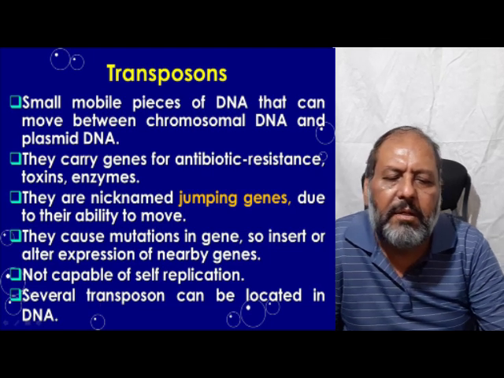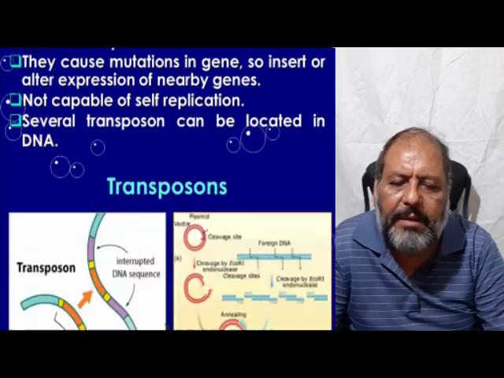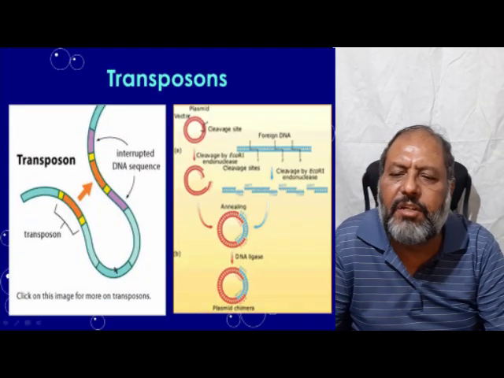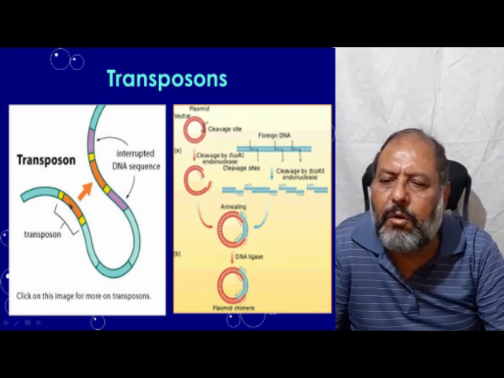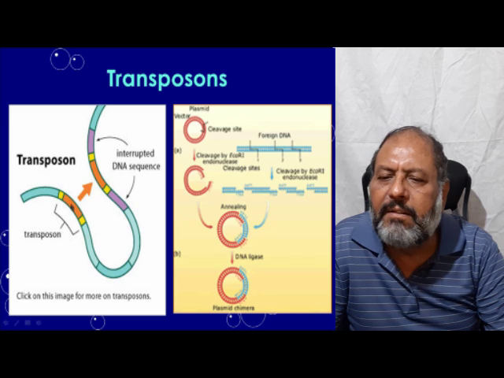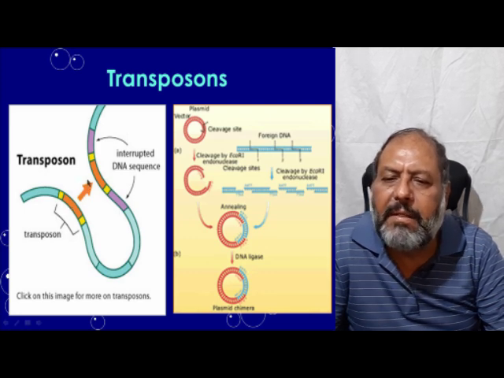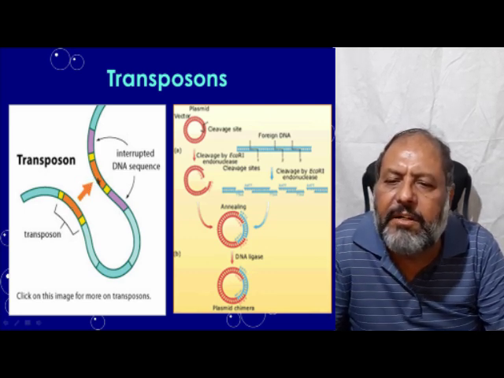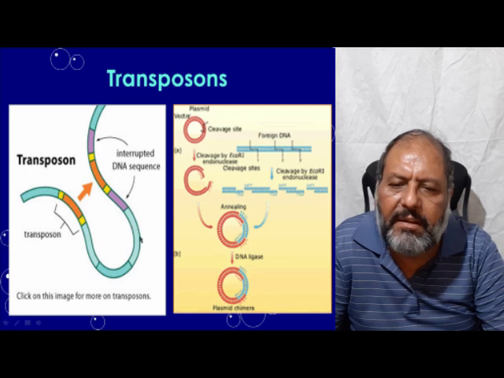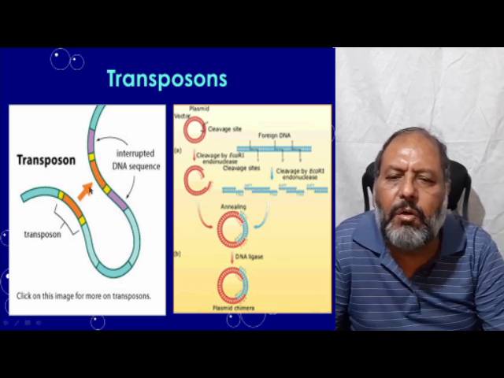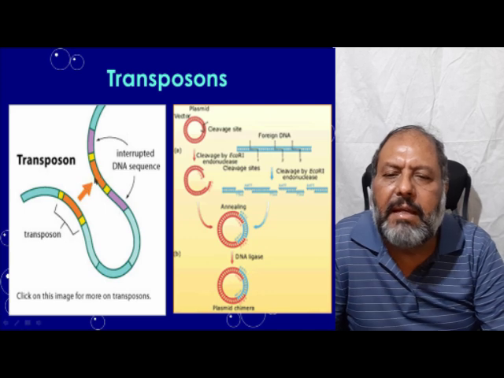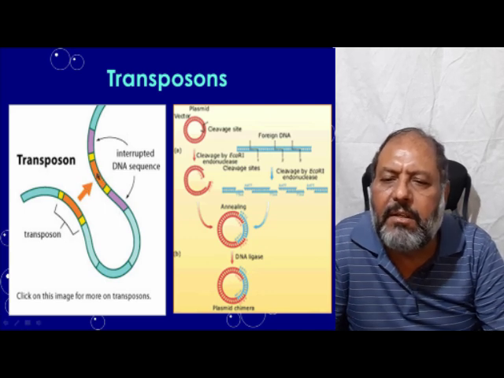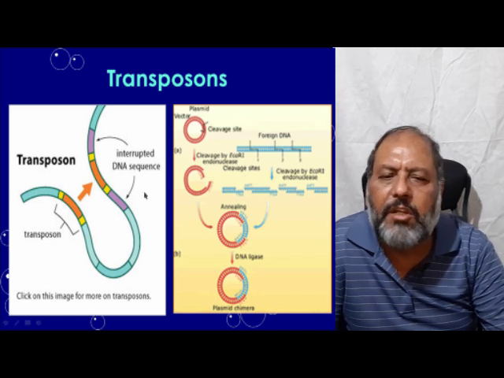Several transposons can be located in the DNA. Here one can see the DNA, and here is the transposon, carrying a few genes that are going to jump and be inserted into another part of the DNA, which continues here. This causes an interruption in the DNA sequence where the transposon is inserted.